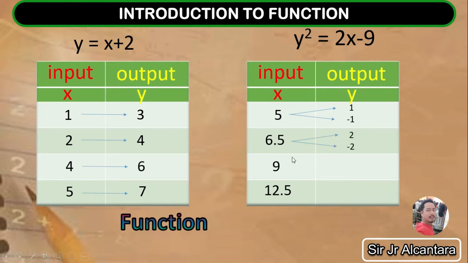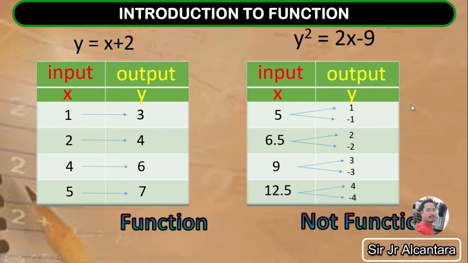O, 9 naman. 2 times 9, 18. Minus 9 is 9. Square root ng 9 is 3 and negative 3. So, dalawa. 12.5. 12.5 times 2, 25. 25 minus 9, 16. Square root ng 16, 4 at negative 4. So, not function.